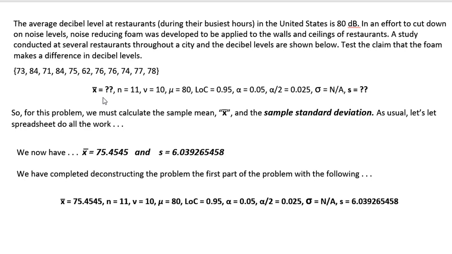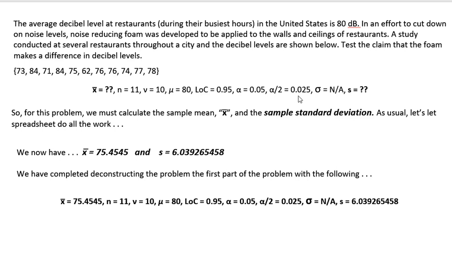We don't have x bar yet. We know that n is equal to 11 if you count up the number of data values: 1, 2, 3, 4, 5, 6, 7, 8, 9, 10, 11 data values. We are going to use a level of confidence of 95% with an alpha of 0.05.